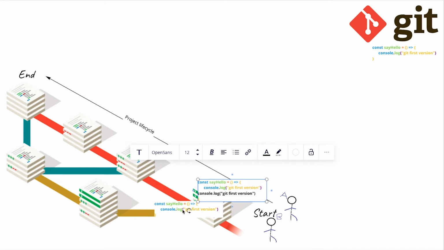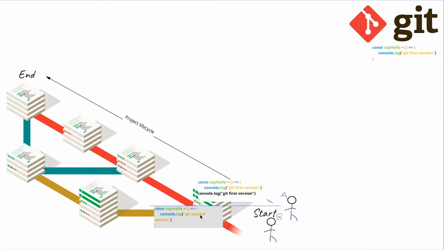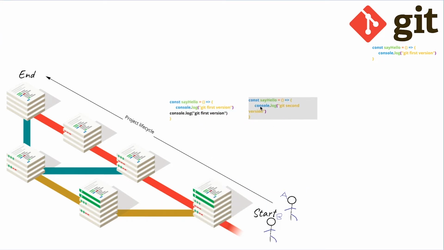Okay. And the other one did this change, so it changed from Git first version to something like Git second version. Okay, but now how are you going to get on the same pace of the project? How can you merge these two? Because if you see here, what you did is, let me pick another color for this.